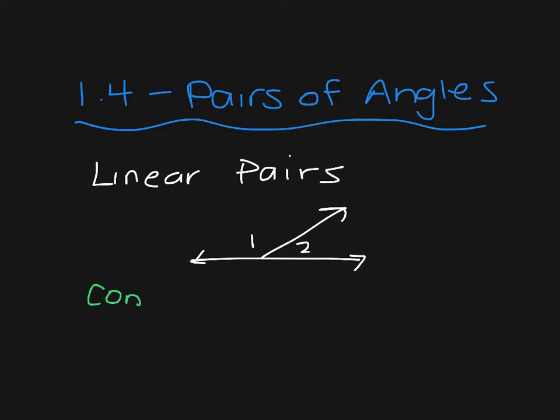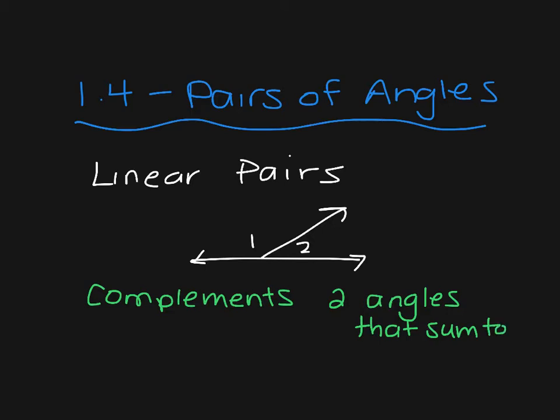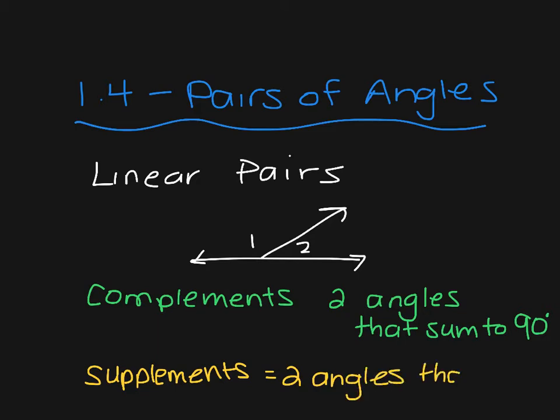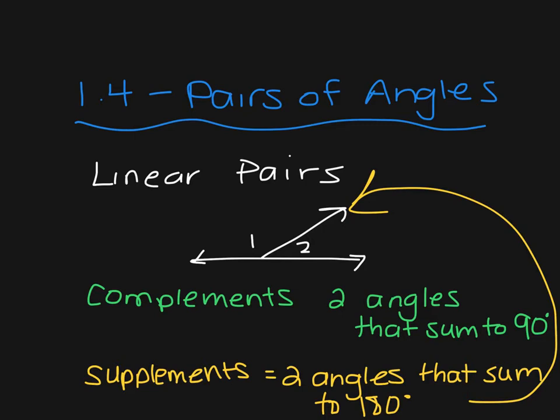We learned about complements, which are two angles that sum to 90. And we learned about supplements, which are two angles that sum to 180. So we later learned that linear pairs are supplements because there are two angles that would sum to 180 degrees.